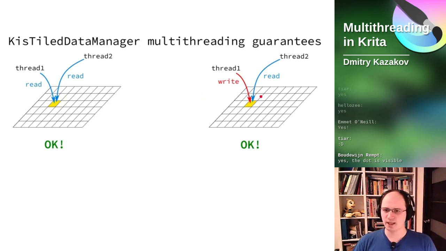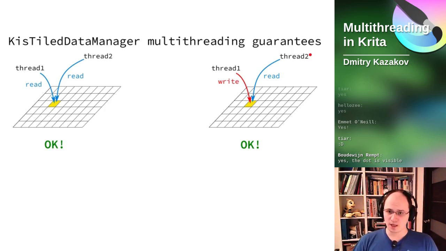This thread actually paints with a brush on a paint device. And in another queue, in the updates queue, another thread, this one, will read from the same paint device to render this stroke on a final projection and show it to the user.